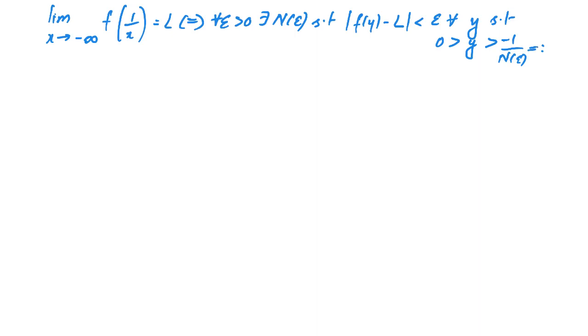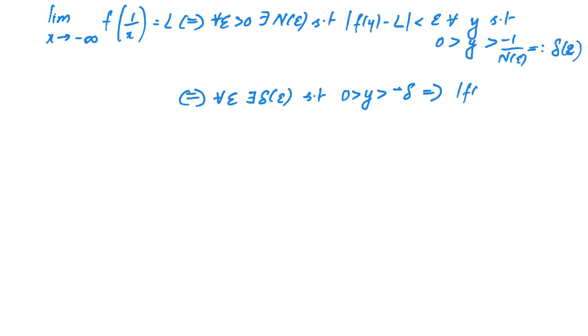And we had defined 1 by n of epsilon as delta of epsilon. So this whole thing we can rewrite as, for every epsilon there exists a delta that depends on epsilon such that 0 is greater than y is greater than minus delta implies that mod of f of y minus L is less than epsilon. So you could have rewritten it like this.